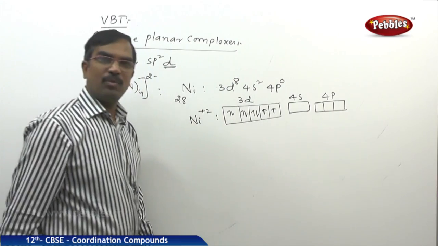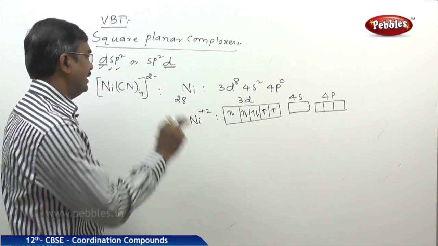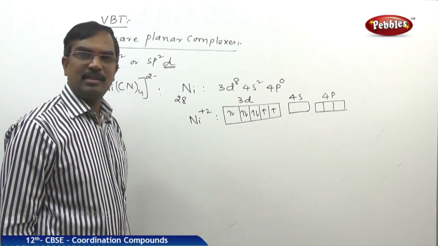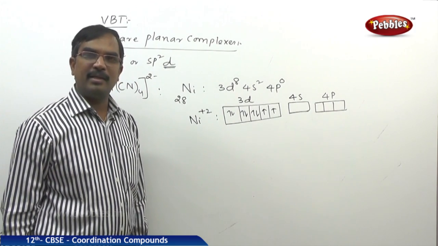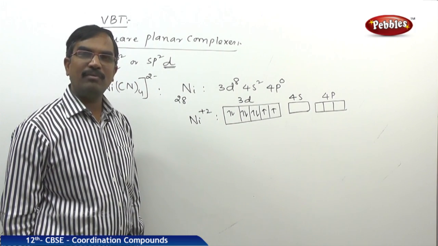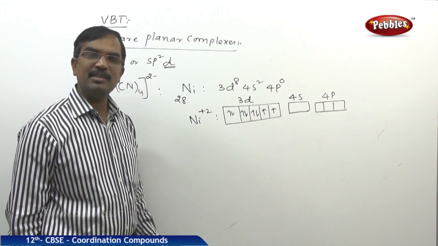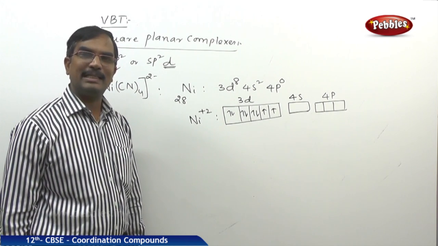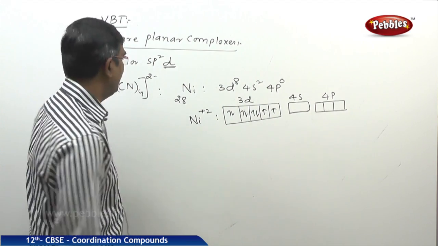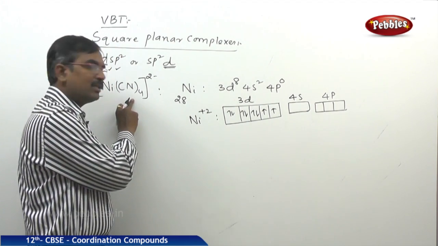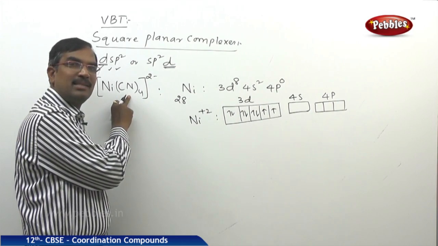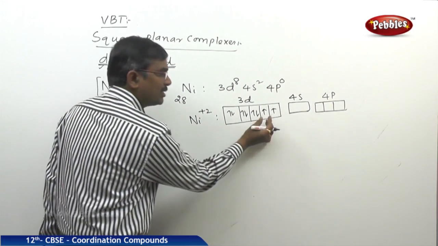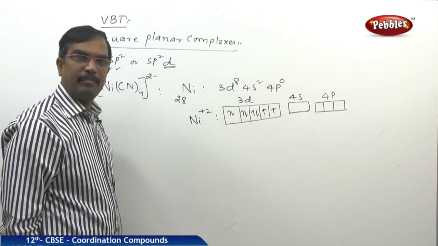Now in the presence of CN-, remember cyanide is also a strong field ligand. As I already told you, in the presence of a strong ligand the unpaired electrons generally get paired up. So in the presence of CN- ions, the corresponding electrons will be paired up.